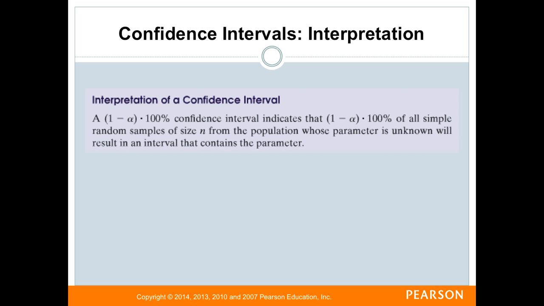Basically, if it's a 90% confidence interval, 90 times out of 100, we're going to end up with a confidence interval where the parameter is contained in that interval, and only 10 would result in something where the parameter is not contained in that interval.